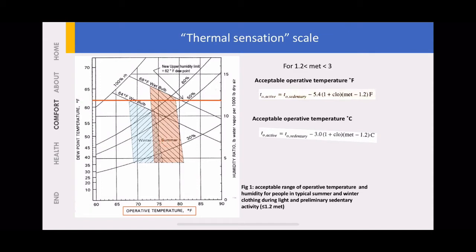So along this line, right, you see my laser pointer there, will be the perfect, nicely conditioned space. Right, between 75 or 26 degrees Celsius, the humidity ratio should be between 5 per 1000 dry air to around more than 10. If you go higher, then it will be very humid. If you go lower, then it will be very dry.